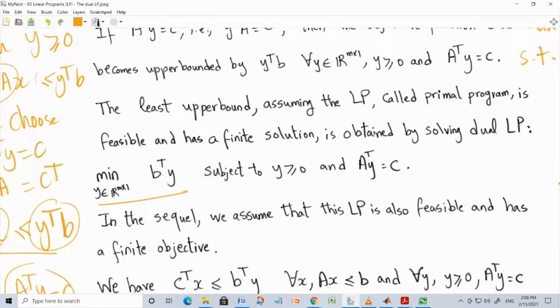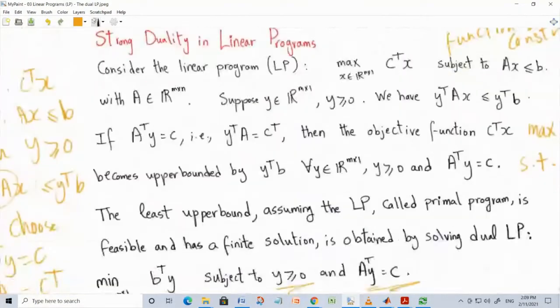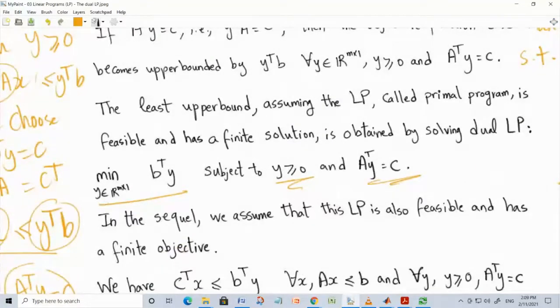B transpose y is an upper bound for every y, but y is not an arbitrary vector. It must be greater than or equal to 0, and it must satisfy A transpose y equals c. If you look at this minimization of an upper bound on the objective of the original linear program, what is this optimization problem?